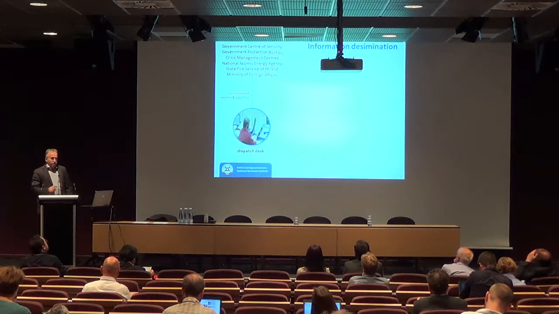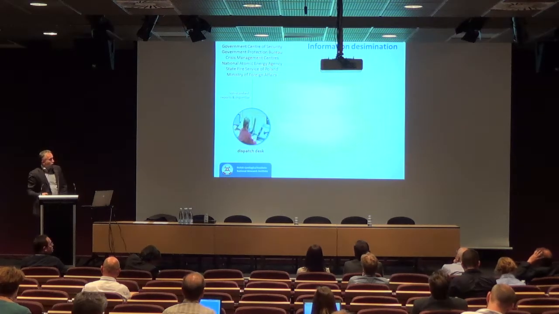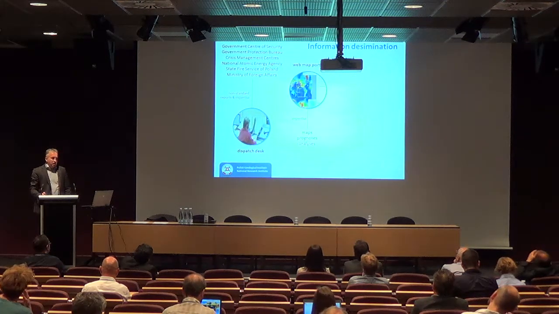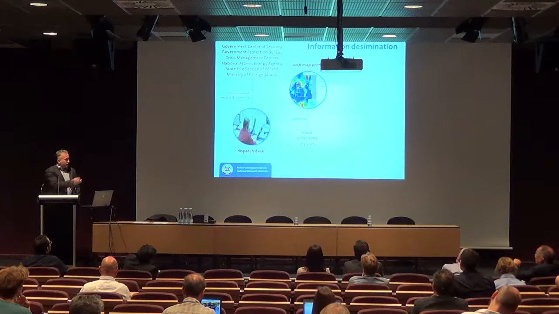First of all, the dispatch desk is a kind of central point, contacting the stakeholders and giving them the non-standard reports and expertise. Then we have the web map portal with maps, prognosis, and analysis.